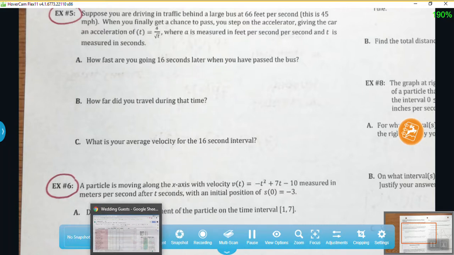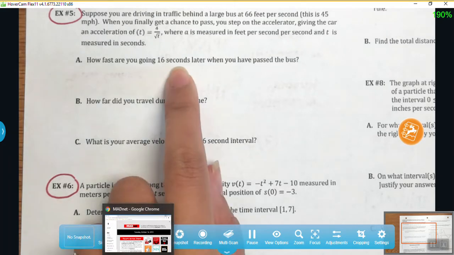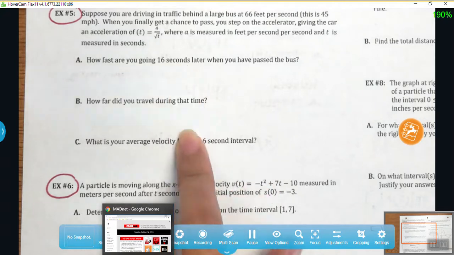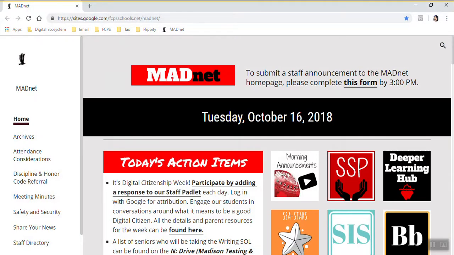Do we have to use feet per second? Yeah, use feet per second because it's just easier. Because all of the prompts are in seconds.